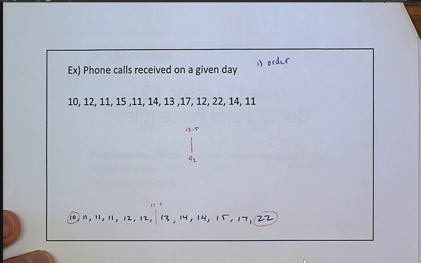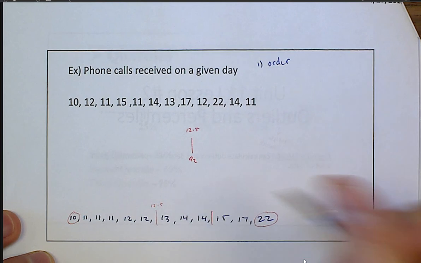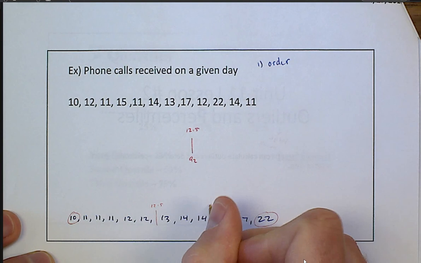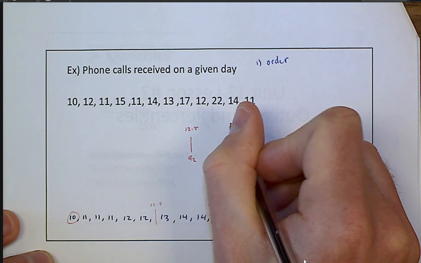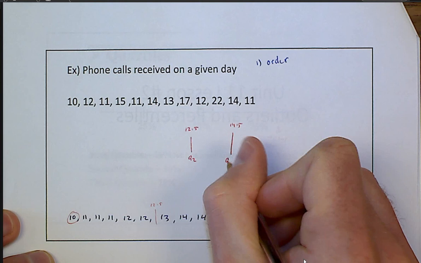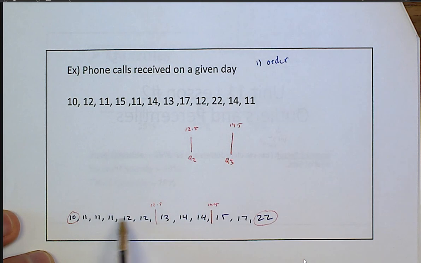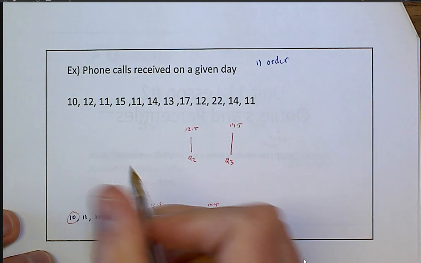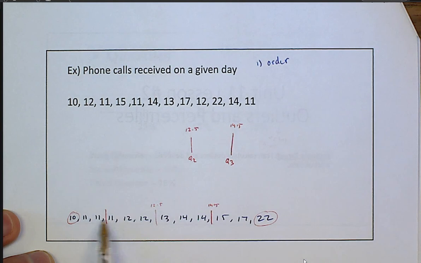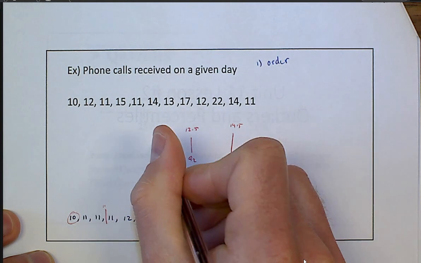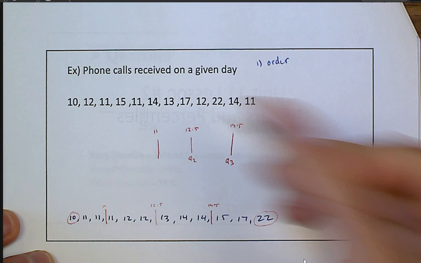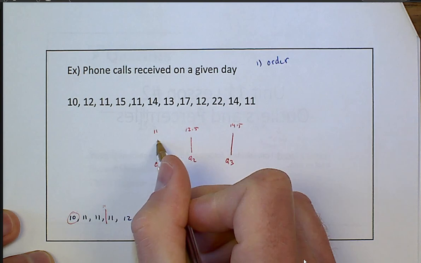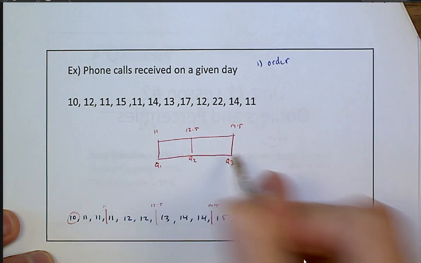So we would go six numbers there, right in the middle, and that's going to be 14.5. So here's 14.5 for Q3. And then on the lower half, six numbers, right in between there would be 11 plus 11, cut it in half, 11, obviously. And that's going to be Q1. So if I were to make my box and whisker plot, again, this is a real rough sketch, that's what it would look like.